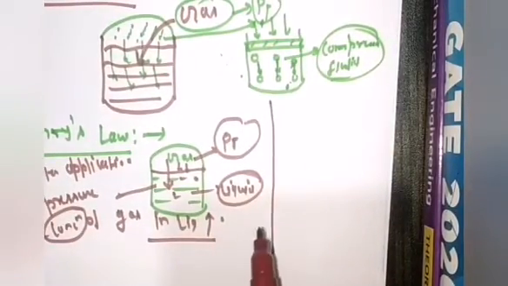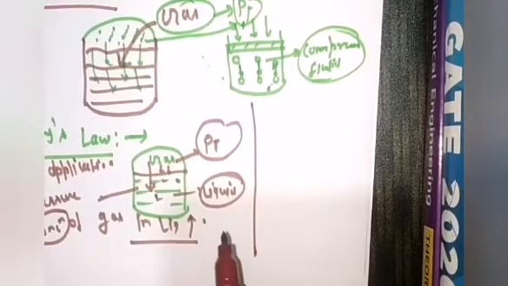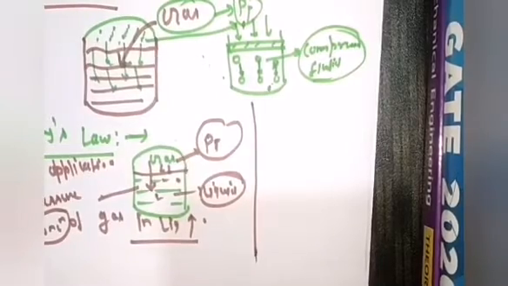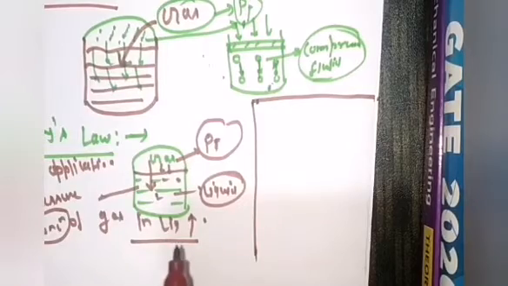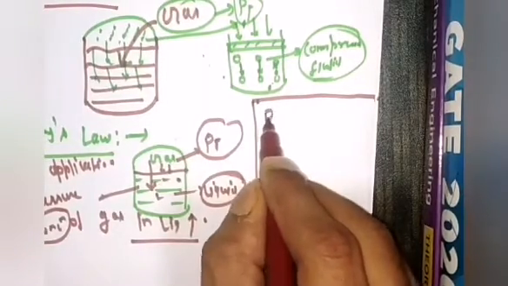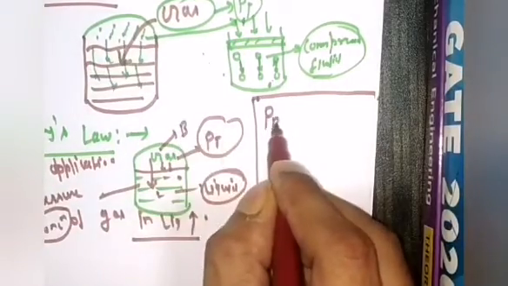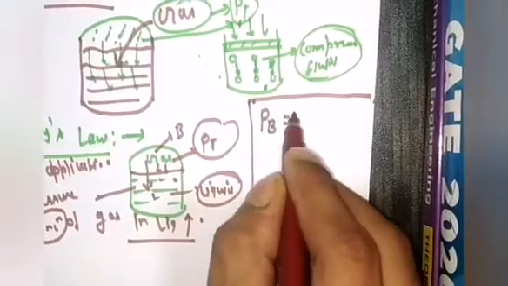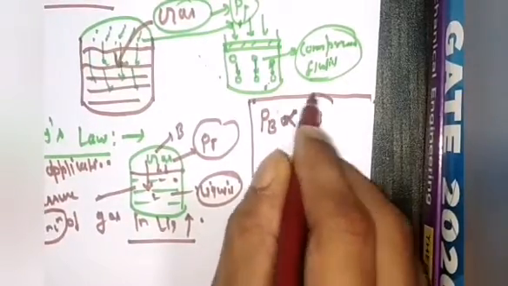Okay, Henry has told that if you are going to dissolve a gas into a liquid, then the gas will exert a partial pressure. Partial pressure you all already know from the gaseous state, so I am not going to discuss that. Okay, because you all know the partial pressure concept. So the partial pressure of gas in a liquid, I am just assuming the gas is B, so the partial pressure of B in the liquid state is directly proportional to the mole fraction of gas in the liquid state.